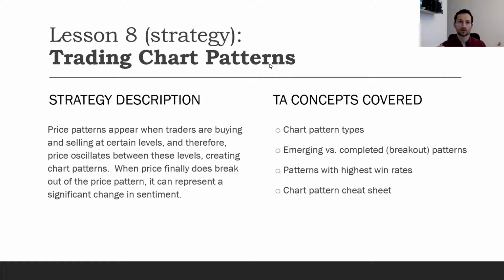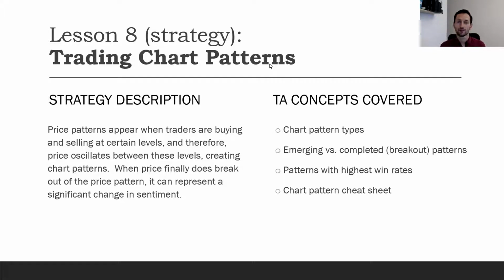We'll find some battle lines, and these will form basically trend lines, areas where the buyers step in because it appears cheap, and areas or levels where the sellers step in.